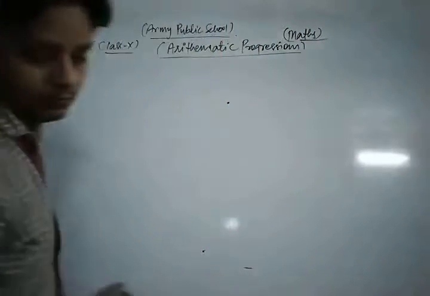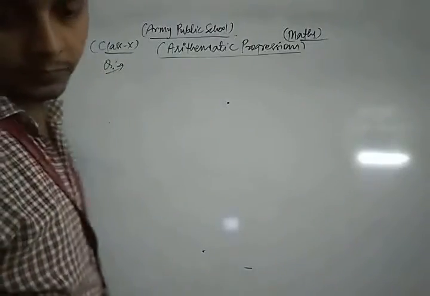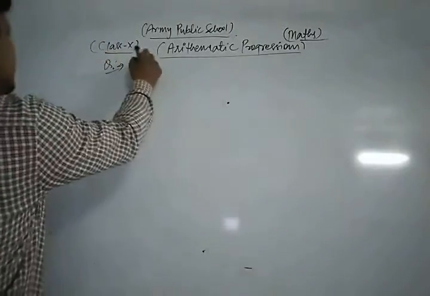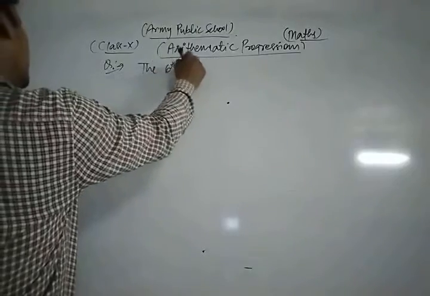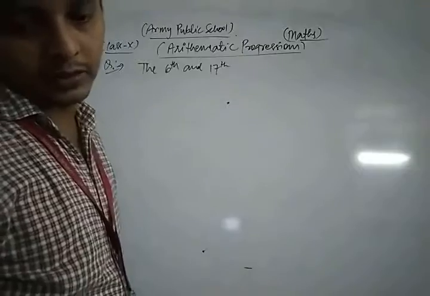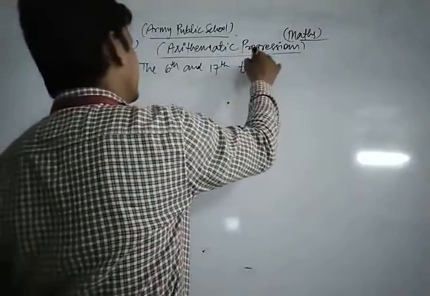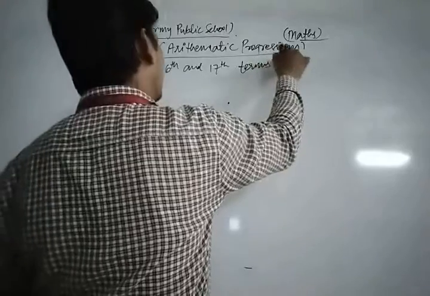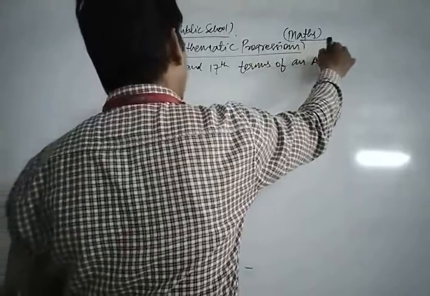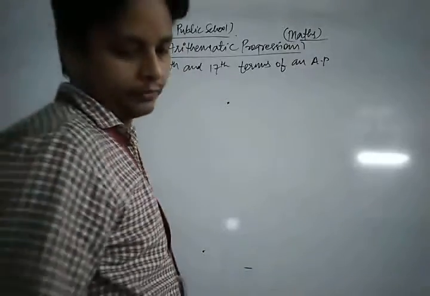Look, your question is: the 6th and 17th terms of an AP are 19 and 41.